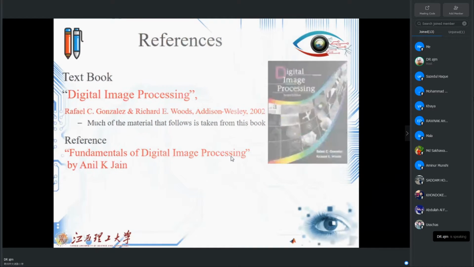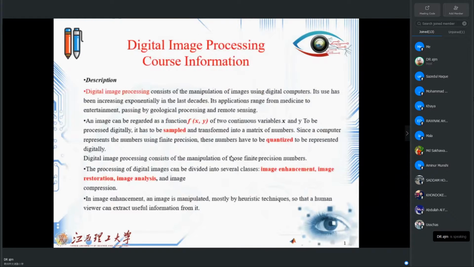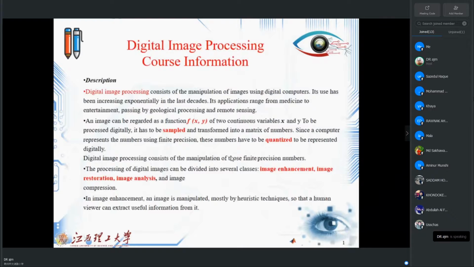And we can study. But really, what is digital image processing? Let me give you some course information. This course consists of the manipulation of images using digital computers.